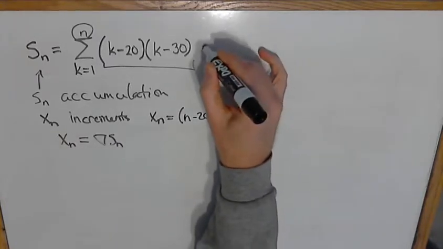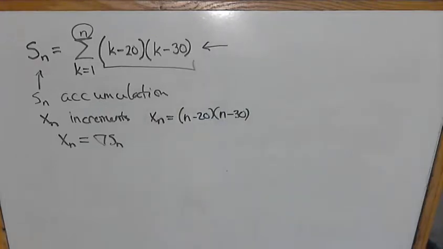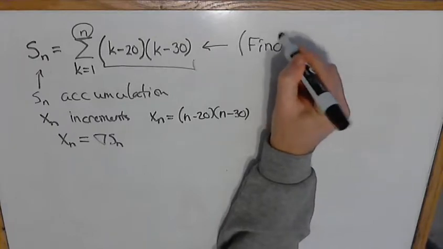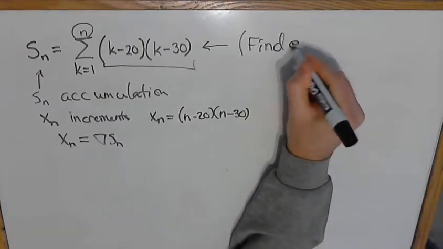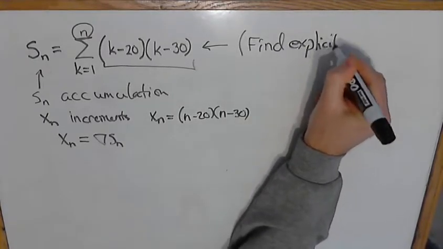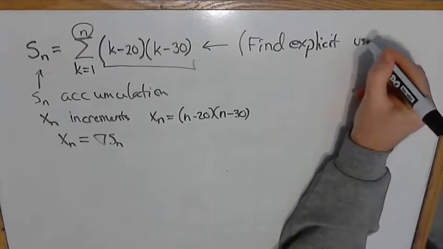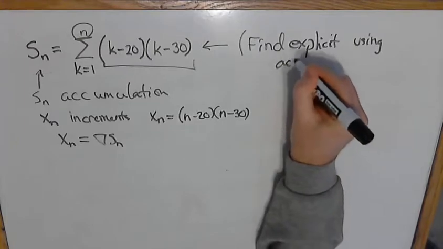The thing is, we don't have a formula right now for Sn, although we do know a way to find a formula. That's not part of the question. So we could find an explicit formula if we used summation formulas, so using accumulation formulas.